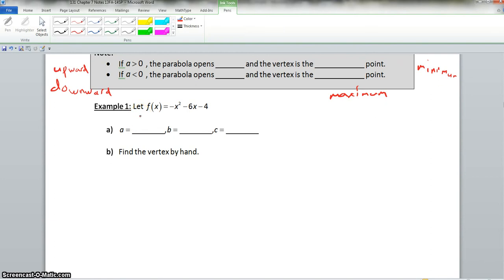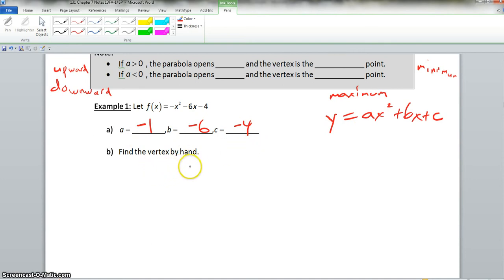It says let f of x equal negative x squared minus 6x minus 4. A is equal to negative 1, b is negative 6, and c is negative 4. Because remember, in the standard equation, we have y equals ax squared plus bx plus c. And all we did here was take out the values of a, b, and c.